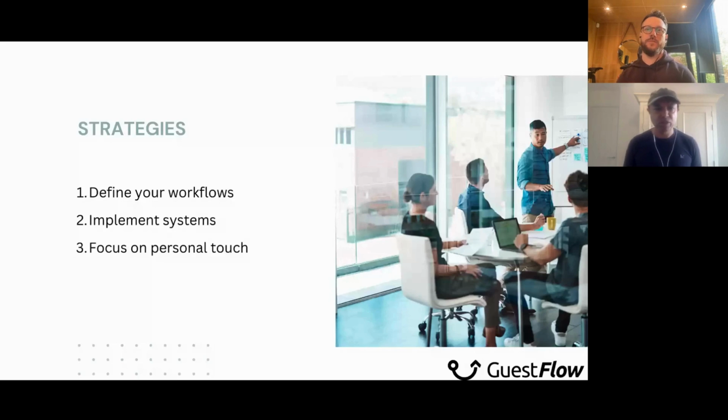Notes are captured. Spoken to the guest. They've requested an early check-in. Updated the system. Given new check-in time. Housekeeper gets notified. All of that's happening. You know what's happened. You know that the housekeeper's been notified. You know that the guest requested an early check-in at a glance. You just pick up and look at it. Look at the system, and all the information about what's happened, who's done it, why they've done it is all captured, right? And in that way, as you say, you don't need a handover.